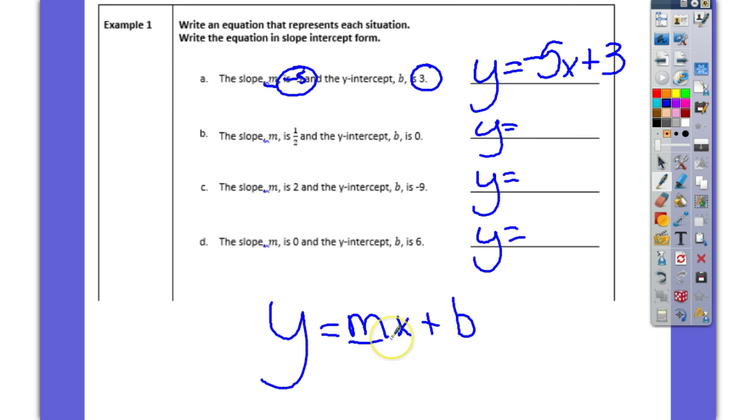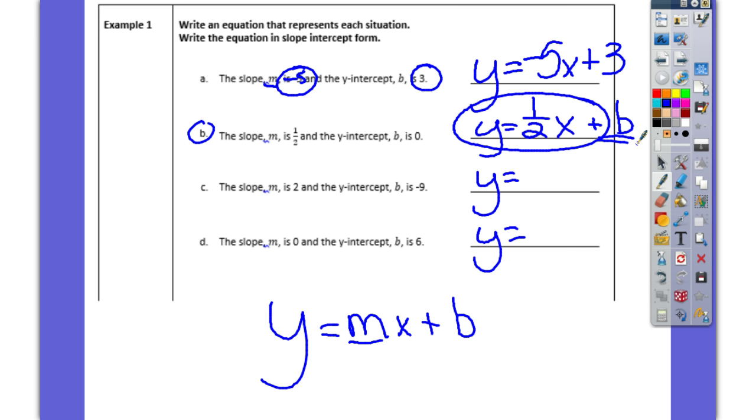Now what goes into my slope for B? The slope m is what? 1/2, so I write y equals 1/2 x. Don't forget your x. And then the b is 0, so do I go plus 0? No, we do not. You don't write plus 0 just like we don't write 0x. Now, I automatically know by looking at that, since there's no plus b here, we don't have a y-intercept written.